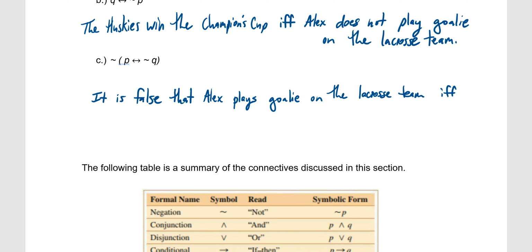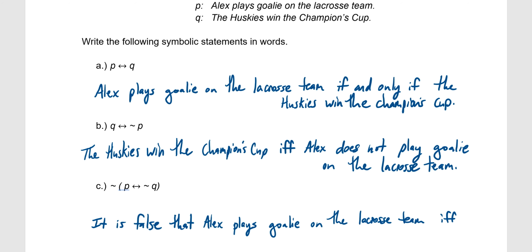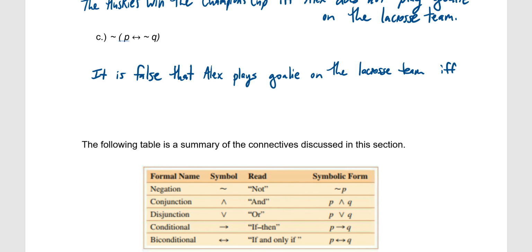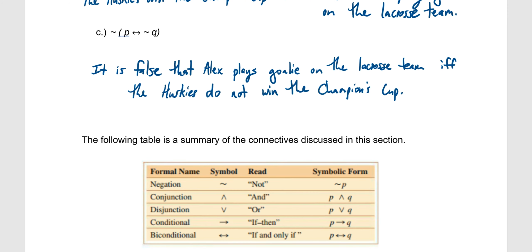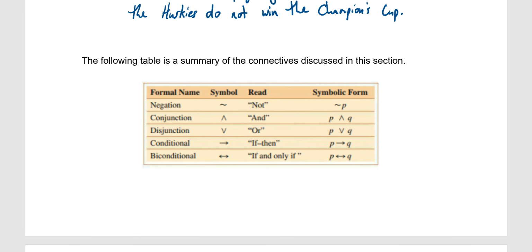It is false that Alex plays goalie on the lacrosse team if and only if the negation of statement Q. So the negation of statement Q is going to be that the Huskies do not win the Champions Cup. So if and only if the Huskies do not win the Champions Cup. Okay, so that is the examples for the biconditional.